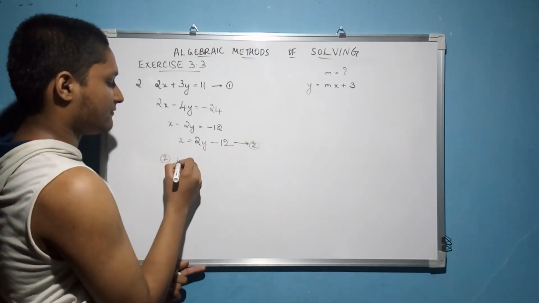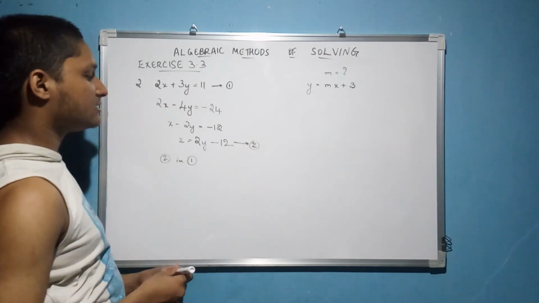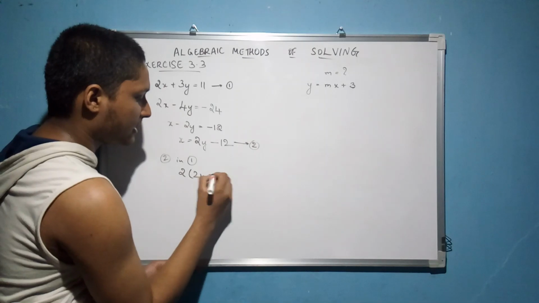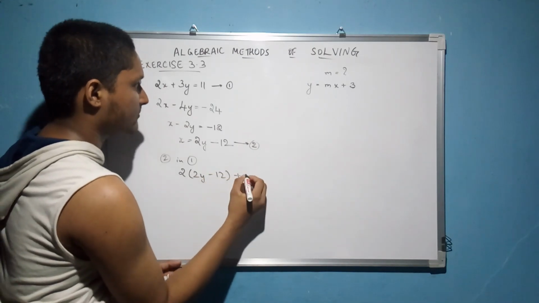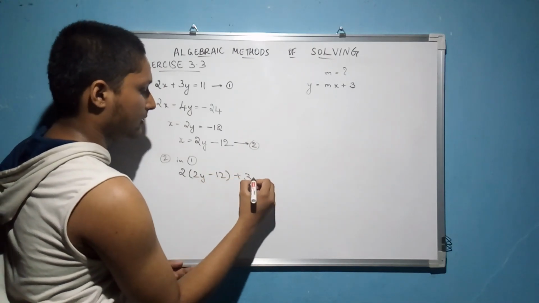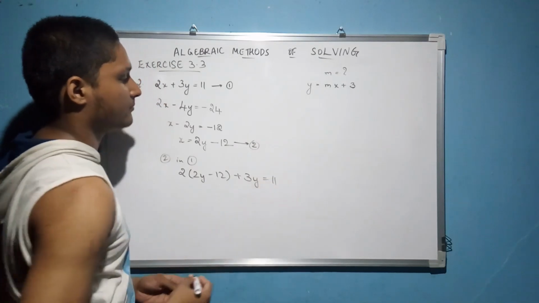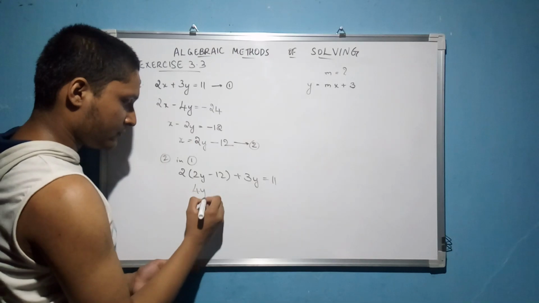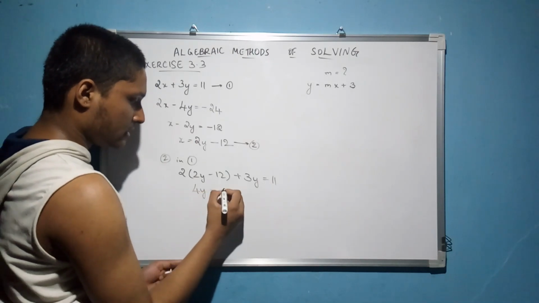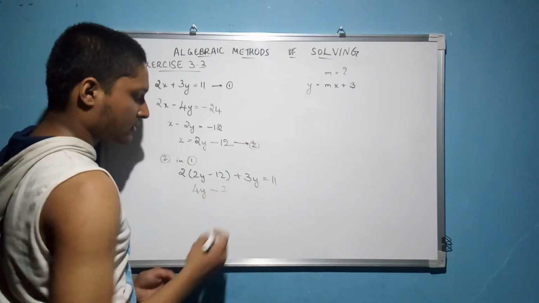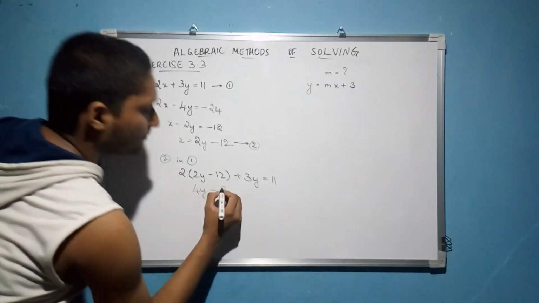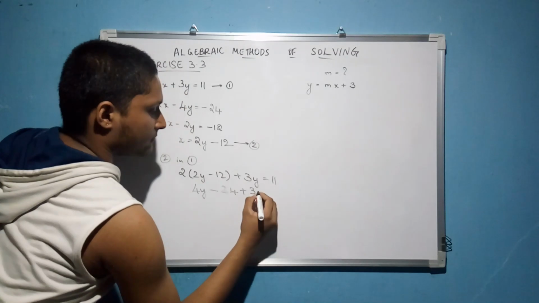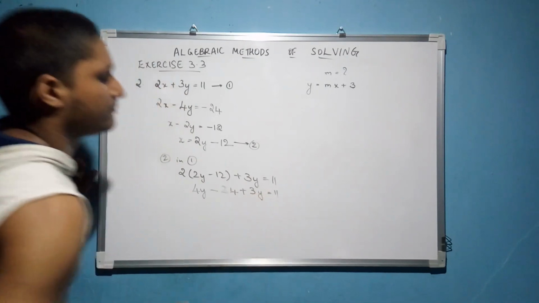Second equation in the first, what is it going to be? It becomes 2 into 2y minus 12 plus 3y is equal to 11. Okay, so now this is 4y minus 24 plus 3y is equal to 11.